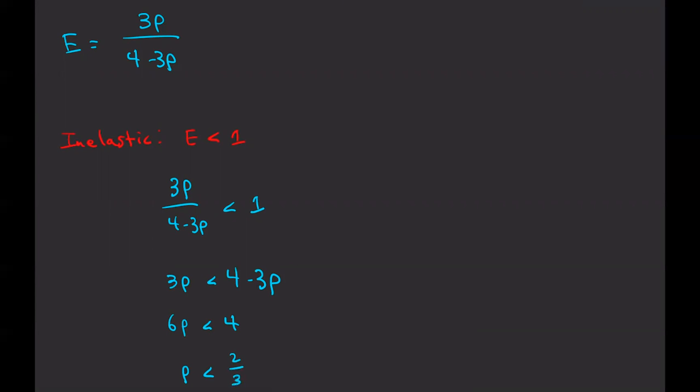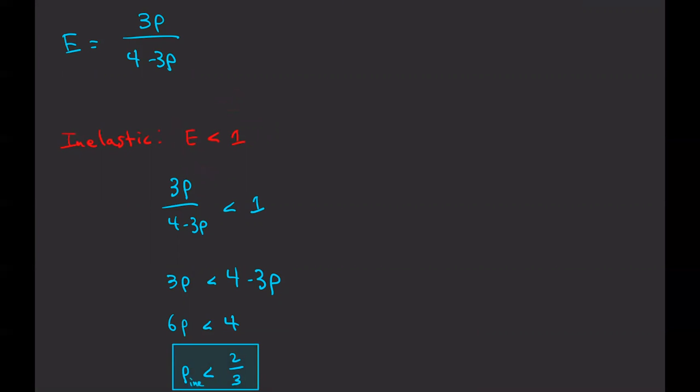So when the price here is less than 2/3, which we haven't talked about units or anything, presumably this is in dollars, that's fine. But when our price here is less than 2/3, that means that E is less than 1. So this would tell us exactly for what prices we are inelastic. I'll write INE.